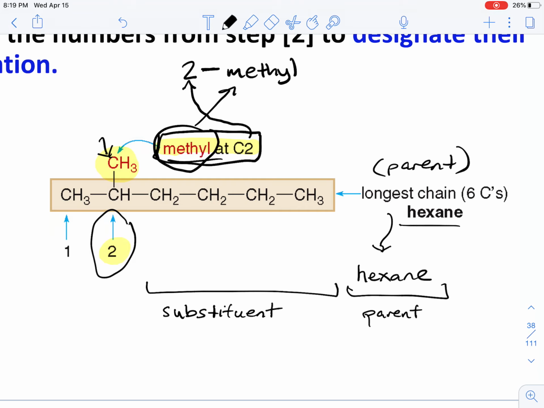Okay, so we have a 2-methyl, right? 2-methyl. You have to include the dashes or the commas, and we'll talk about the commas in just a second.